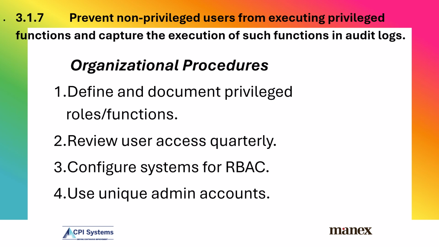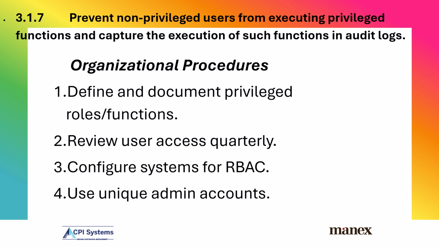Let's talk about your organizational procedures for implementing and deploying 3.1.7. First thing is to define and document privileged roles and functions. Remember to document your access control policy, and these roles and functions will be included. Two, review user access quarterly.